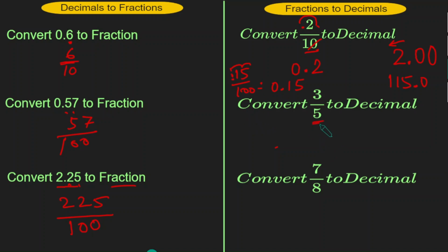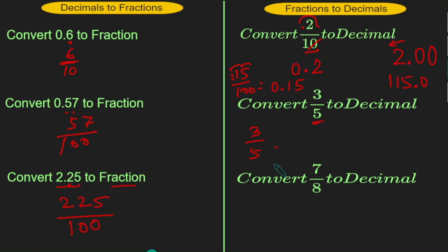Here in this question we don't have tens like 100, 10 and all. If we don't have that, the first thing is to convert this fraction into an equivalent fraction where the denominator is in zeros. If we can make this fraction an equivalent fraction with a denominator in the form of tens, hundreds, thousands, and 10,000s, it will make our life easy.